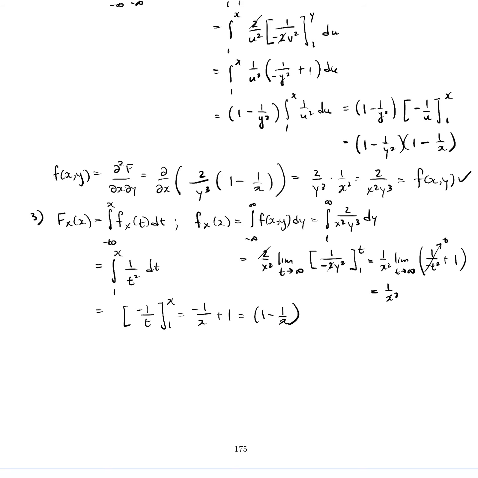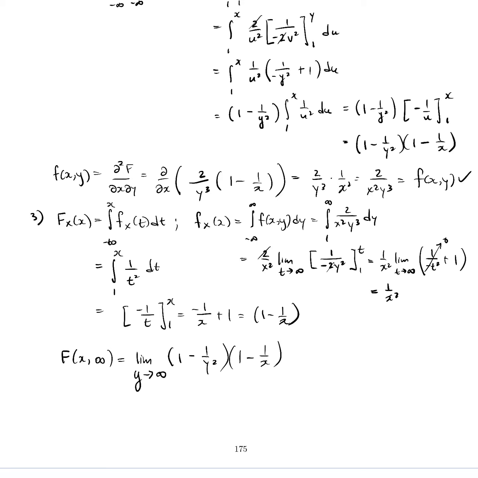Now, the properties of the joint CDF say that we can plug in infinity, which really means that we're going to take the limit as y goes to infinity of the joint CDF. So the limit as y goes to infinity of this joint CDF, which was up here, is 1 minus 1 over y squared times 1 minus 1 over x.